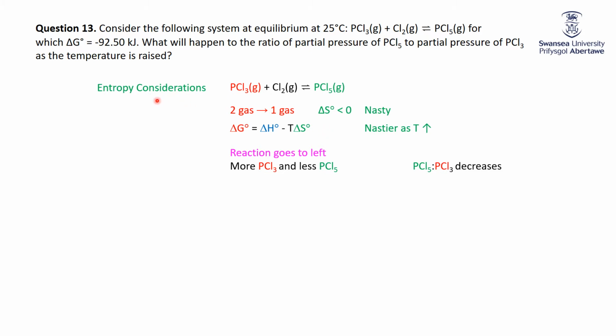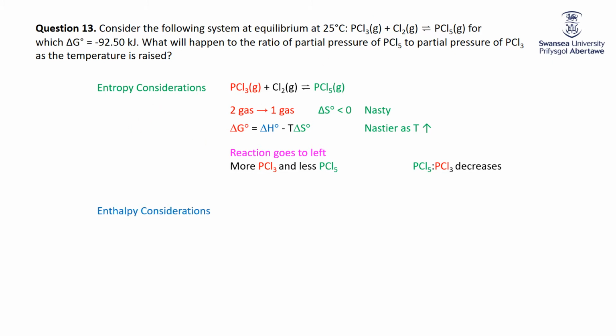So from thinking about the entropy, because it's a two gases to one gas reaction going to the right, it's one gas to two gases going to the left. As you increase the temperature, you're going to go to the left because that's the good entropy way.